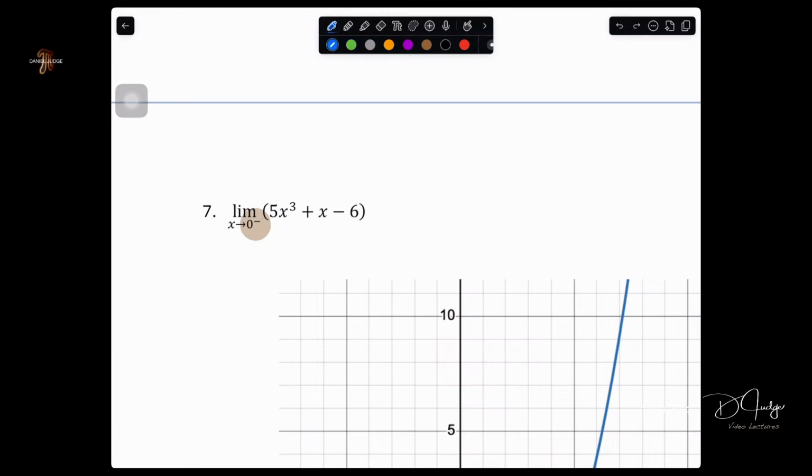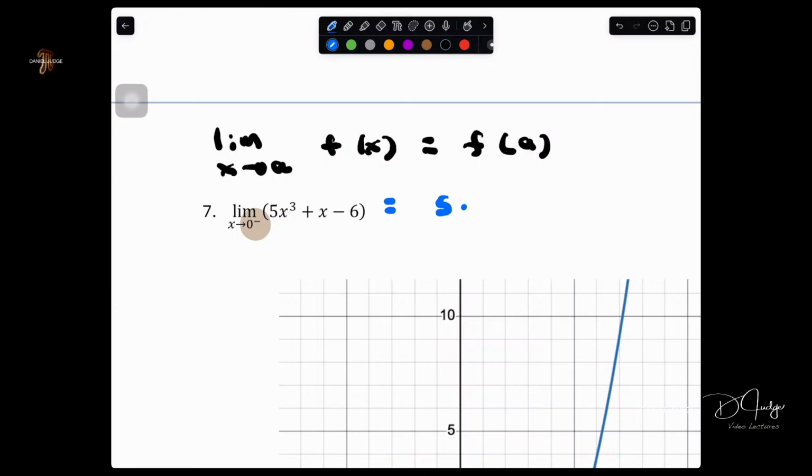Remember what we're using: the definition of what it really means to be continuous. That's the limit as x goes to a of some function is really f of a. It's functional evaluation. So like we discussed earlier, this would be 5 times 0 cubed plus 0 minus 6.